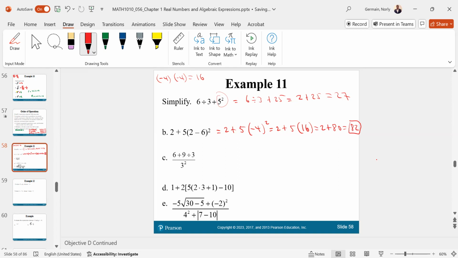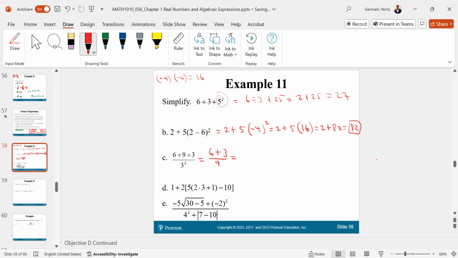We have plenty of examples like this that we need to do. The next one here, you can see the 6 plus 9 divided by 3 is what? 3. Do not do 6 plus 9. 3 power 2 is what? It's 3 times 3, yes, it's 9.